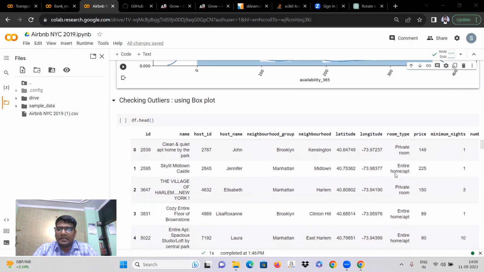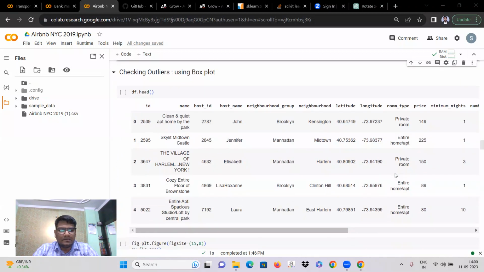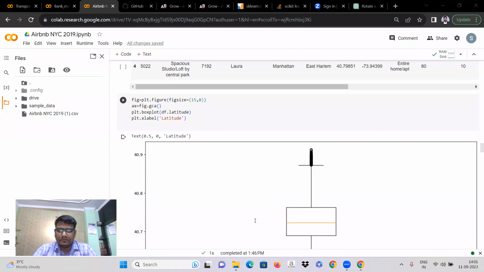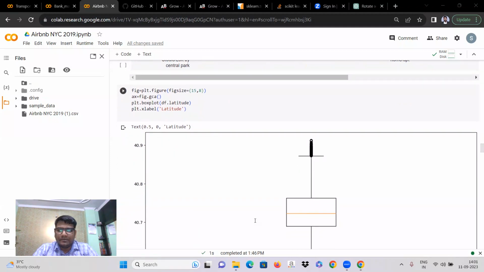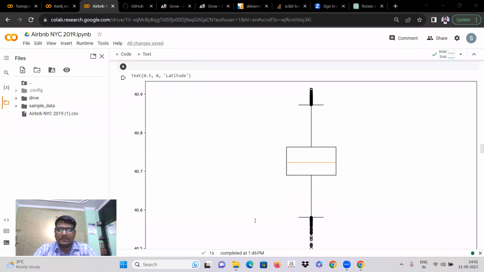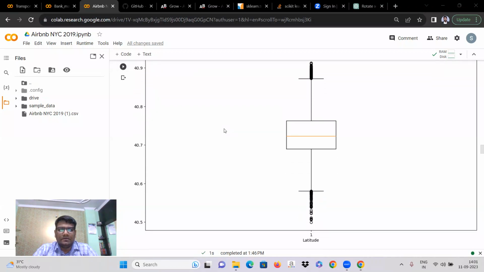So now here we'll be checking the outliers. Latitude: since we know most of the customers that actually stayed are between certain latitudes, there are certain latitudes that are outliers, where very few customers go to stay.